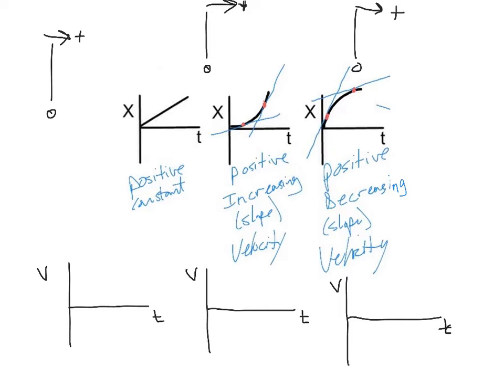Now, I've been asking you to do that on those couple of worksheets so far. You've been asked to do that because there is a VT graph given, and you're supposed to sketch the XT graph and of course sketch a motion map. So we're kind of going the other way around. Now we're starting with an XT. We need to figure out what that looks like, VT, and figure out what the motion map looks like.